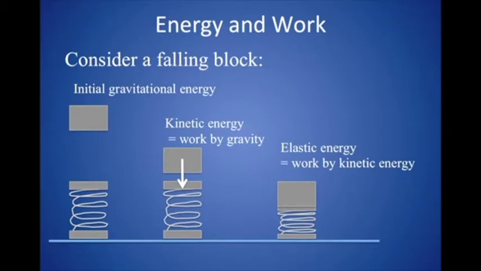And you can imagine this process repeating as it would bounce back up, get kinetic energy again, and then end up high with gravitational energy. So the catch here is there are all these different kinds of energy, but the total energy stays constant. We say that the energy is conserved.